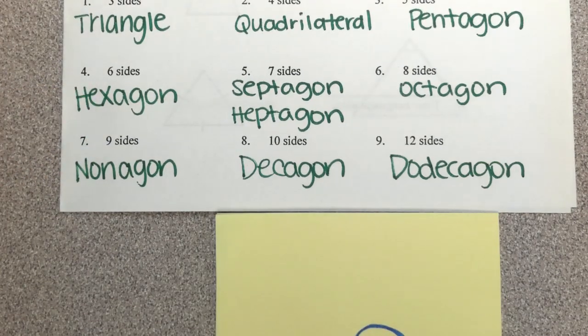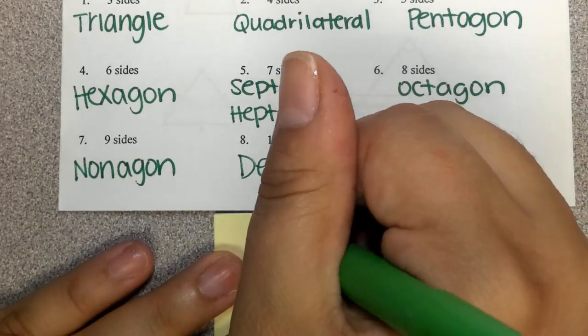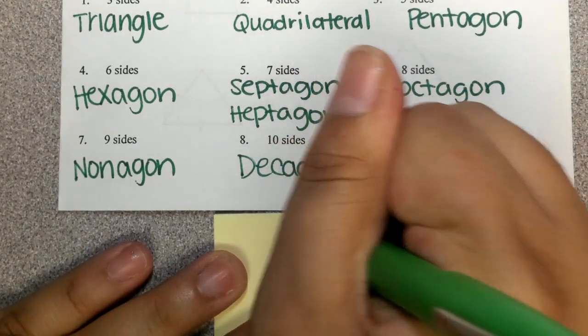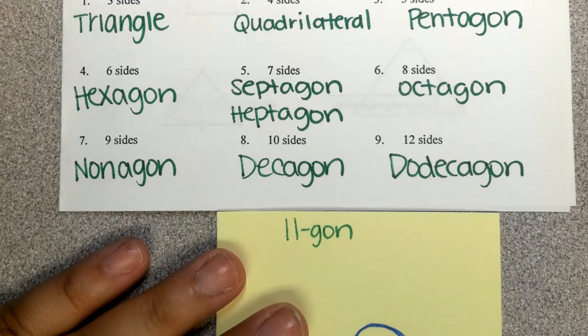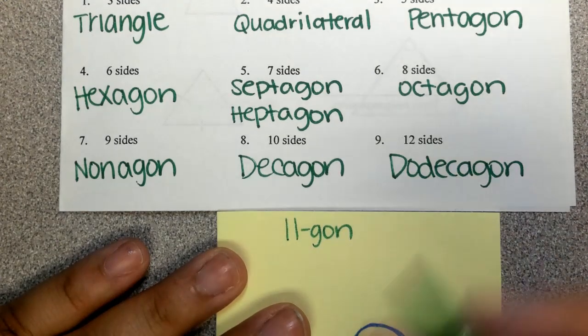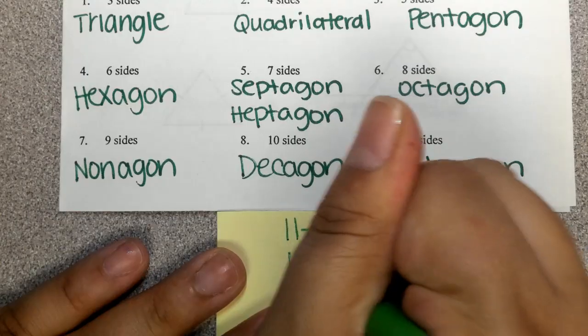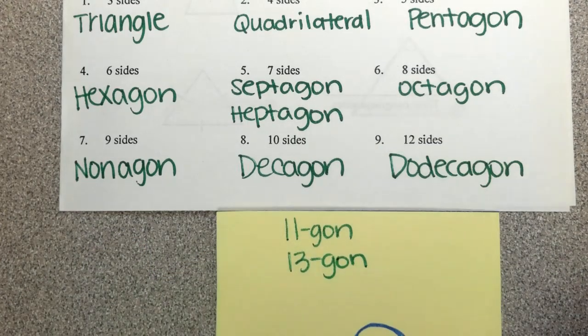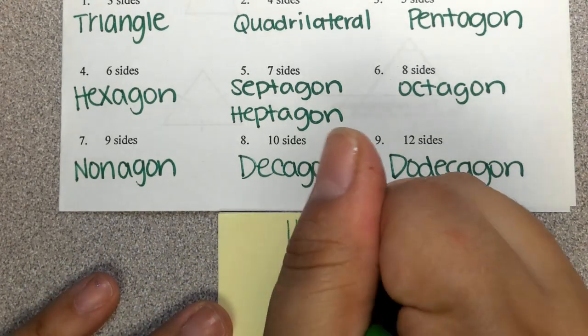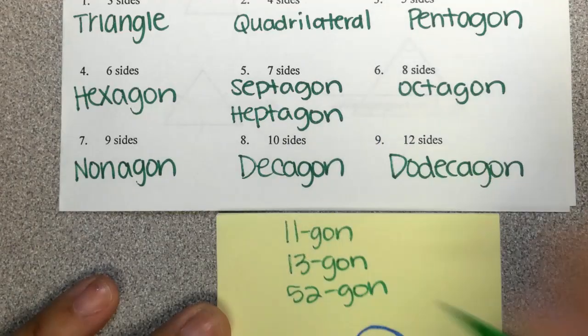Alright. Now, what's an 11-sided shape called? An 11agon. What's a 13-sided shape called? 13agon. A 13agon. What's a 52-sided shape called? 52gon. No, especially not for this unit.